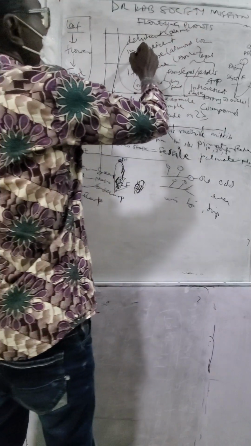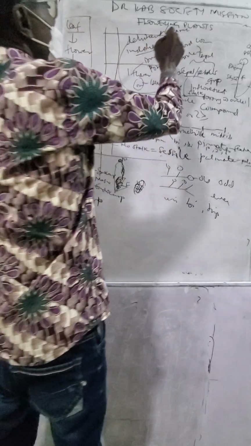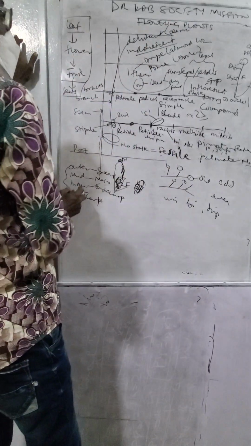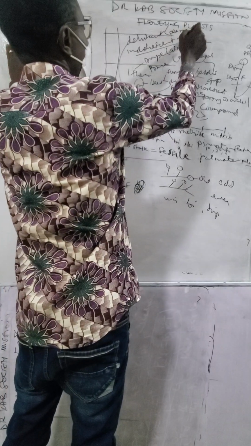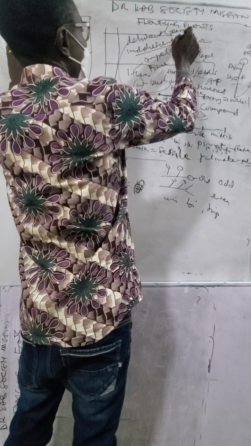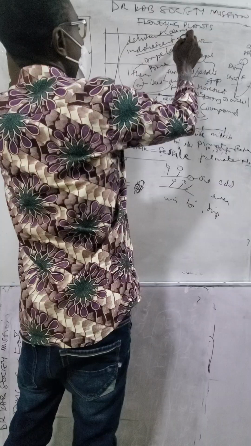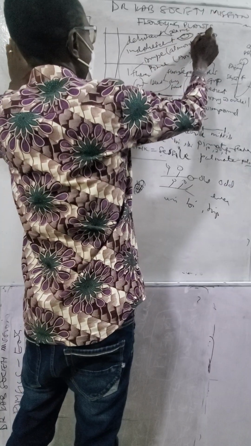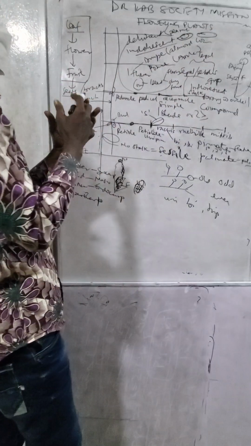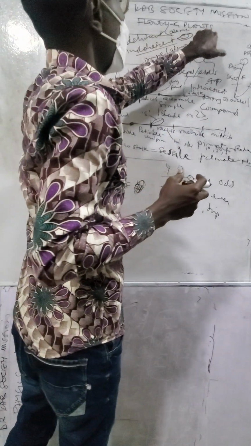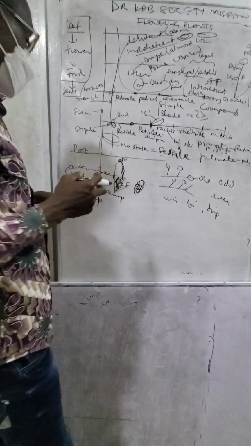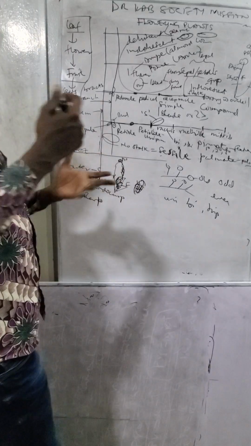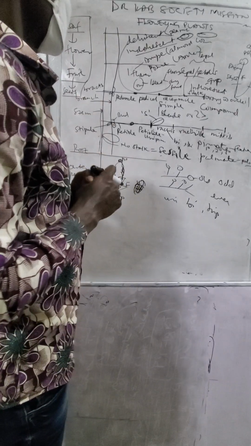In the indehiscent ones, the pericarp, the cover of the seed, is connected to the seed, either partially or wholly. In rice, it is whole everywhere, so it is difficult to separate the seed from the outer cover, the pericarp. So all these ones you can be thinking about.